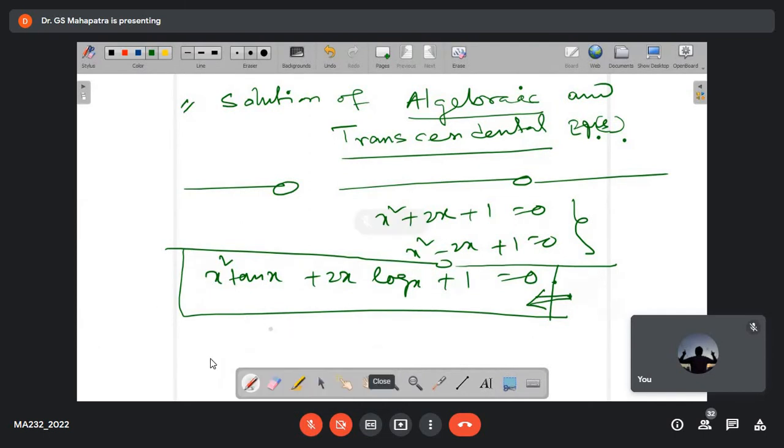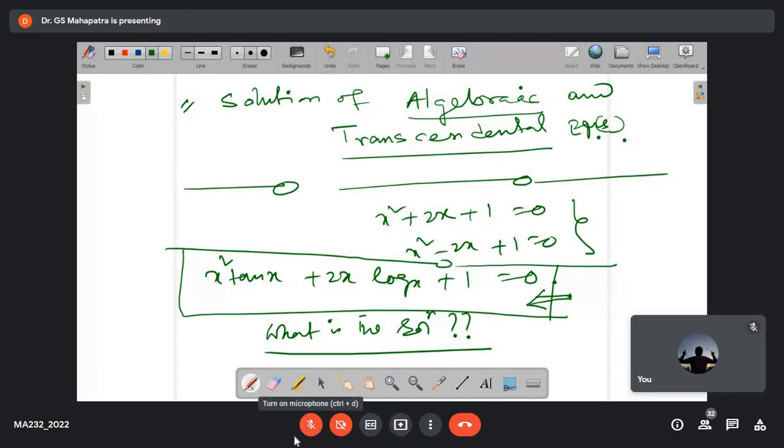So what is the solution of that equation? Can you find the solution of this one? What is the method, if you are able to solve it? Anyone? Have you studied earlier?